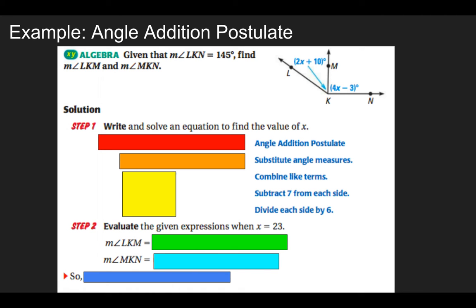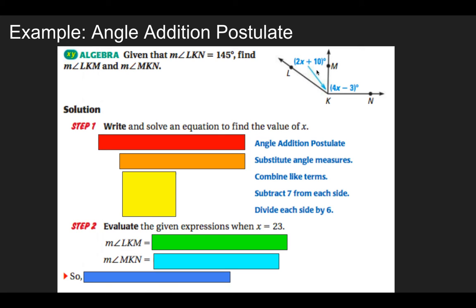Let's look at an example. Given that we know the measure of LKN is 145 degrees, find the measure of LKM and MKN. In order to find the measure of these two angles, I'm going to need to figure out the value of x.